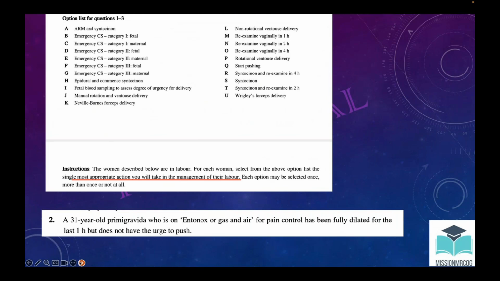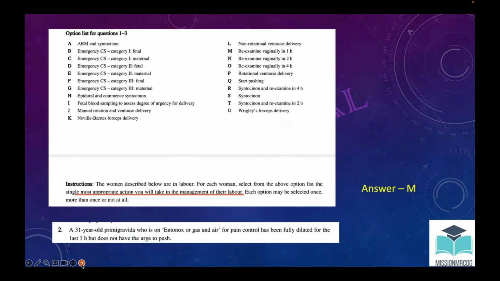So she's already fully dilated. They wrote fully dilated also. So why will you do cesarean? You can wait. Reassess after 1 hour in the second stage. Yes, that would be the answer.